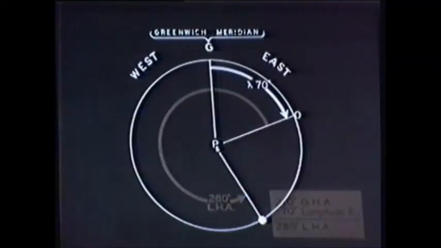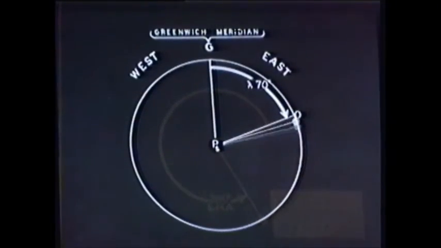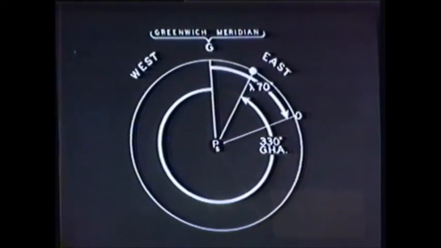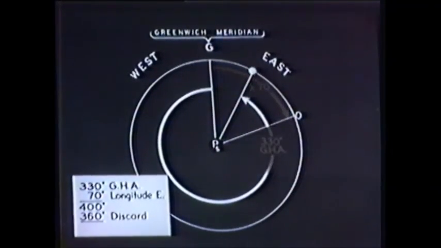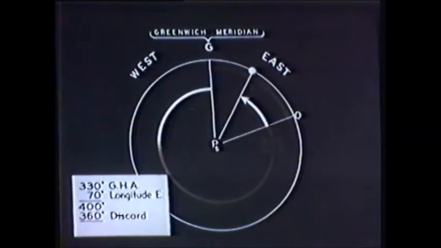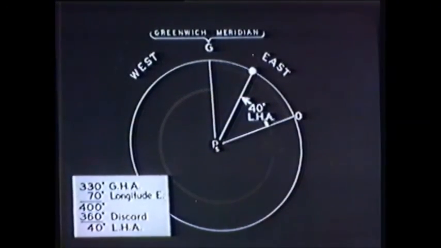If the Greenwich hour angle increases still more to 330 degrees, we still find the local hour angle by adding 330 to our longitude 70 east. Only in this case, we must discard 360 degrees, which gives us a local hour angle of 40 degrees.